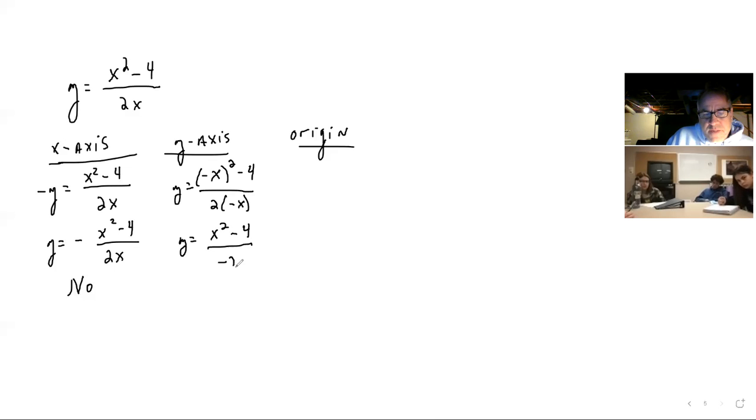But in the bottom, I've got negative 2x. I could multiply again both sides by -1, which would get rid of that negative here, but that's not what I originally started with, because I've got this negative y. So I can't get rid of it. And again, the answer here is no.